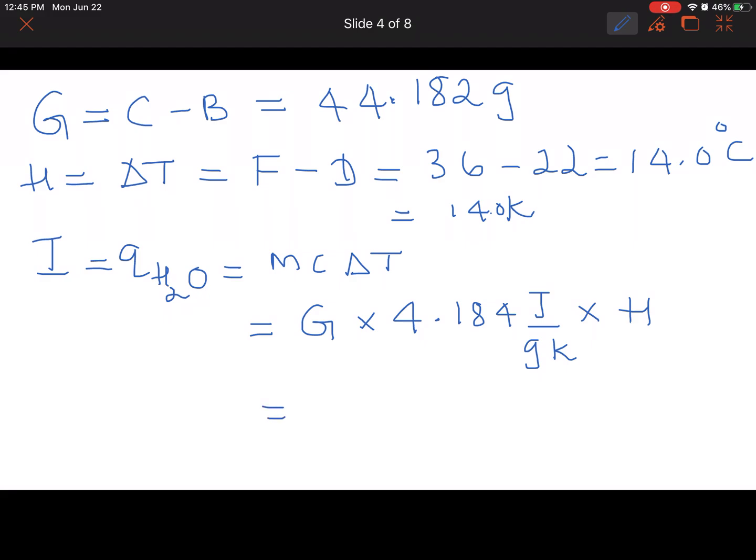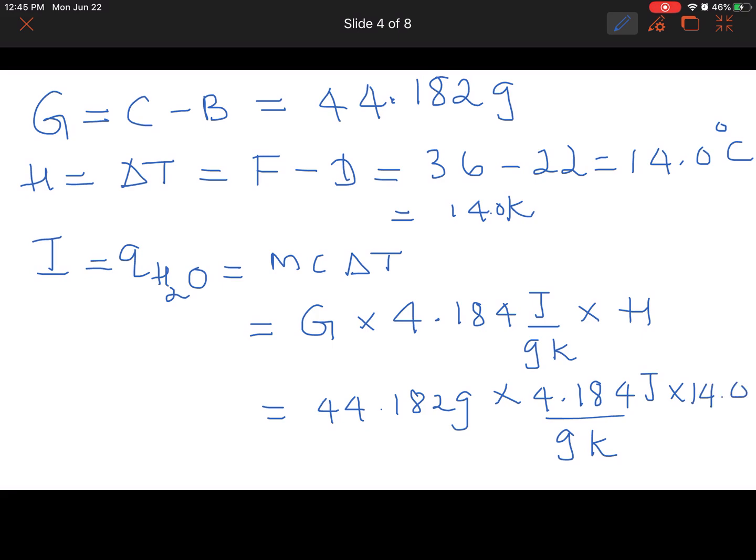So G we found 44.182 grams, and then the specific heat of water 4.184 joules per gram per Kelvin, times the H, which is 14.0 Kelvin.